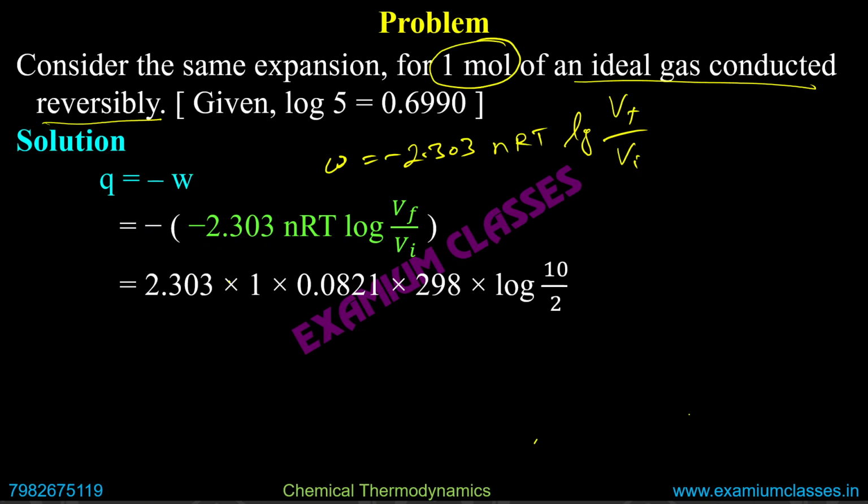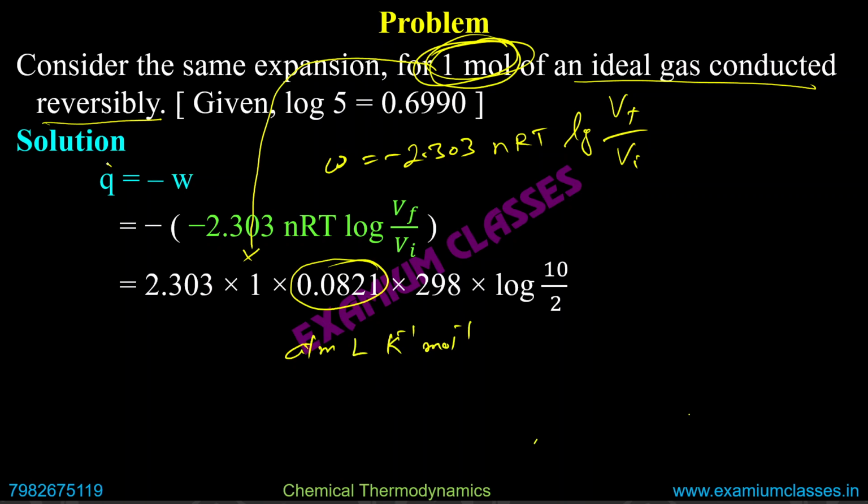Substitute all the values. We have 1 mole here. Substitute n equals to 1. R we have taken 0.0821. It means our answer will be in terms of atm and liter. So this value of gas constant, the unit is atm liter per Kelvin per mole.